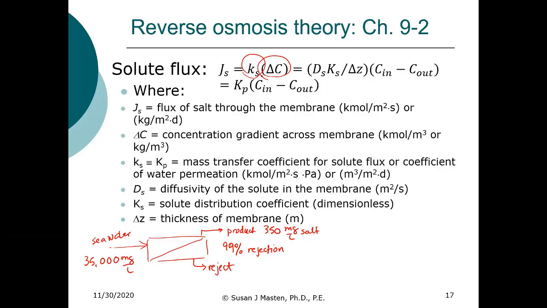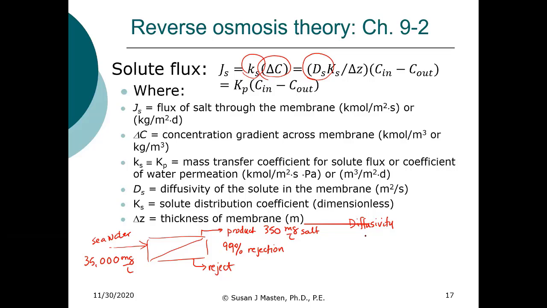So different membranes will have different mass transfer coefficients or different removals of your salts. Now, it's dependent on the diffusivity, which describes the rate of diffusion of that chemical.